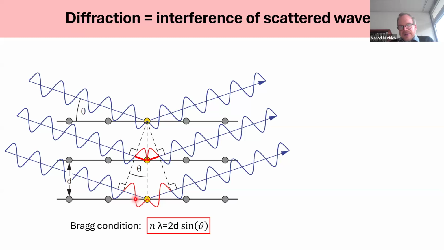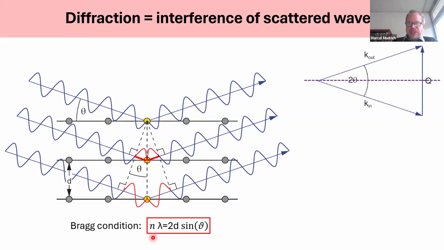By requesting constructive interference at a specific angle of the light, and requesting that the path difference should be multiples of the full wavelength, we get constructive interference. Then we arrive at the Bragg condition.